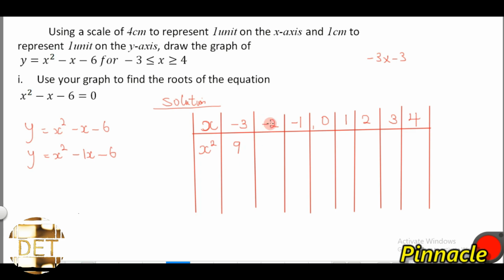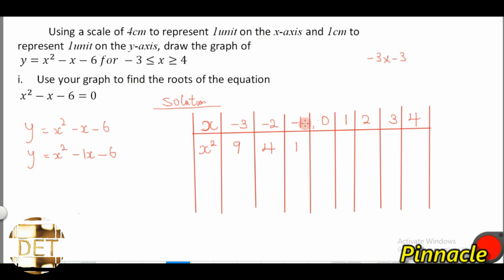When x is minus 2, x squared will be minus 2 times minus 2, and that will give us plus 4. When x is minus 1, x squared will be minus 1 times minus 1, and that will give us plus 1.